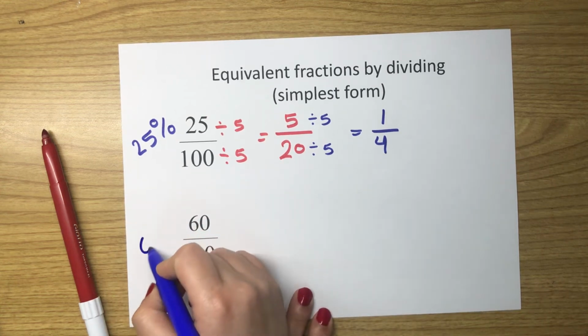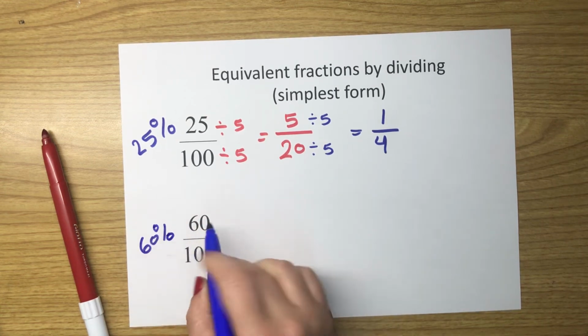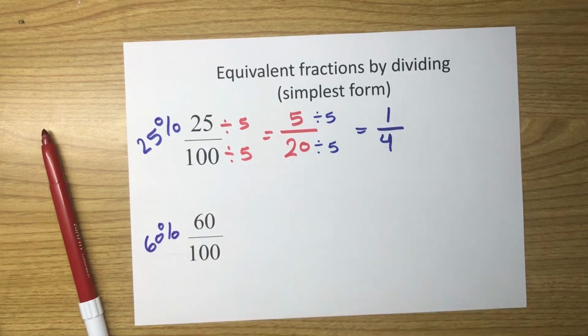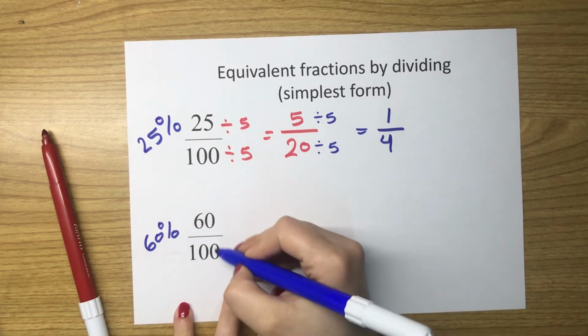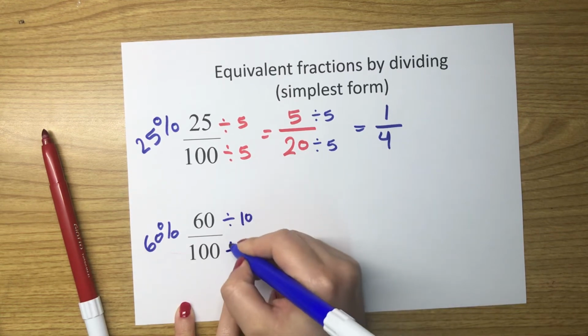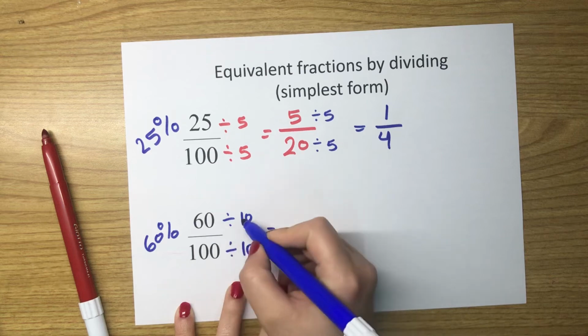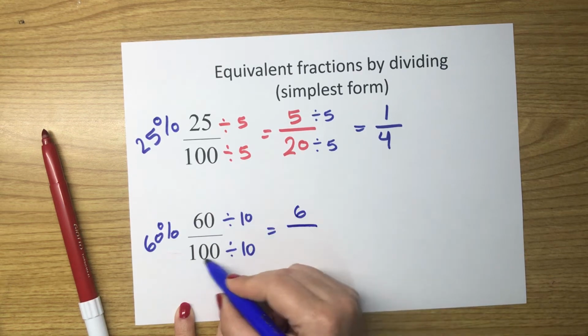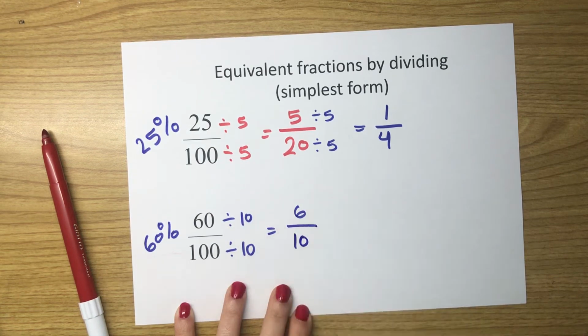The next one, as a percentage, 60 over 100. It is exactly 60%. Let's find the simplest form of the equivalent fractions. Both of these numbers end with 0, so both of them are divisible by 10, right? 60 divided by 10 equals 6. 100 divided by 10 equals 10. Exactly.